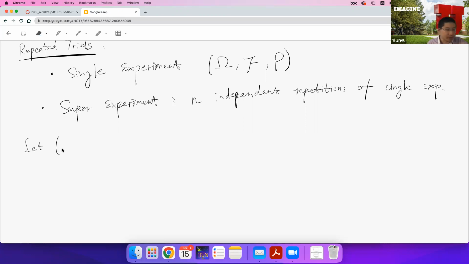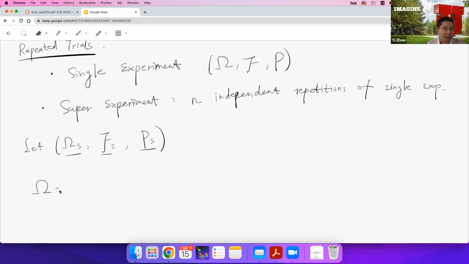So we can describe this super experiment by, again, because it's an experiment, we can still describe it by constructing 3 elements in the probability theory. We need the outcome space, sigma algebra, and the probability law. But here we can actually construct them based on the 3 elements of the single experiment.